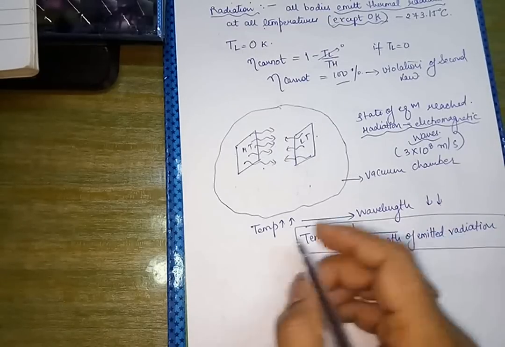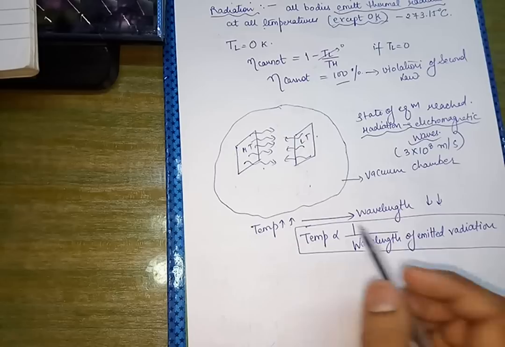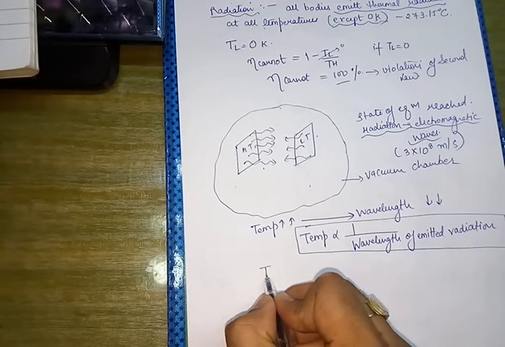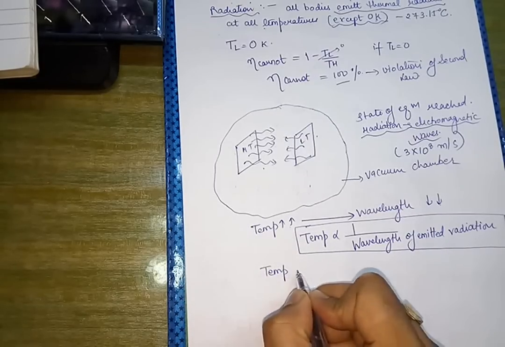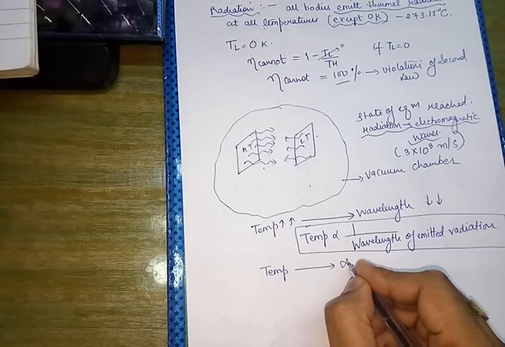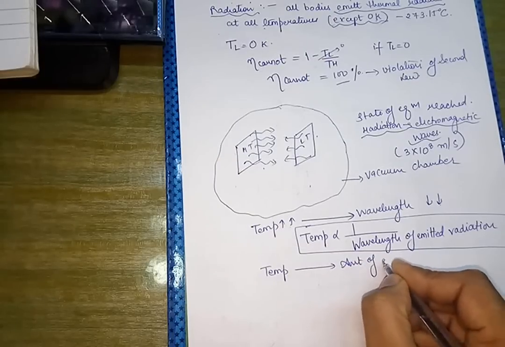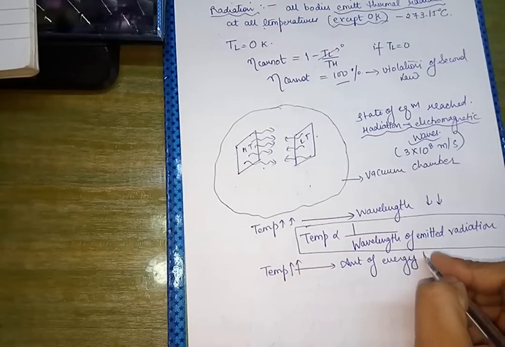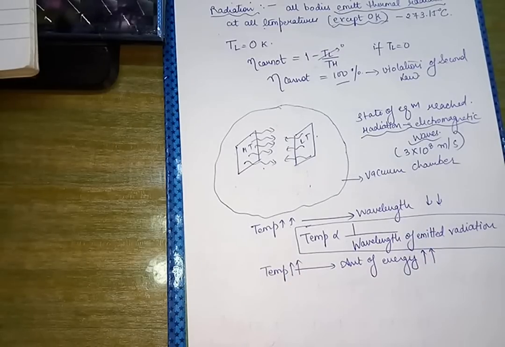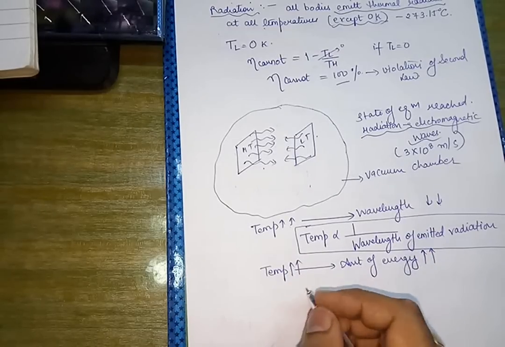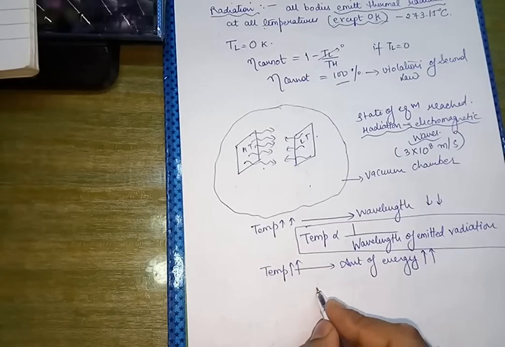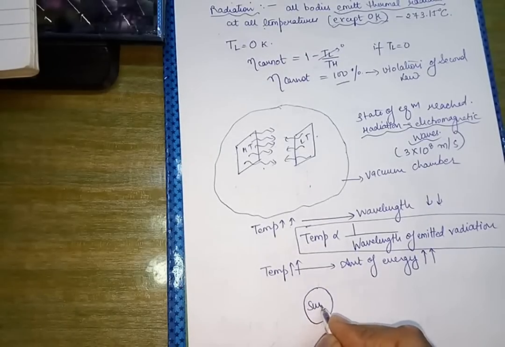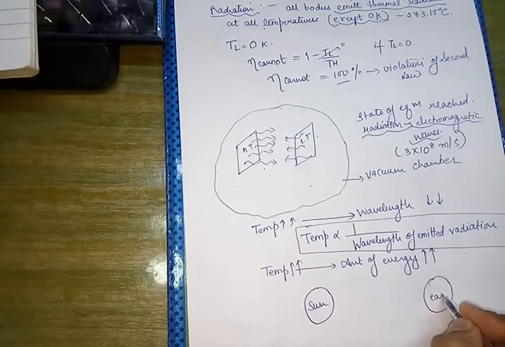And the temperature of the body is directly proportional to the amount of energy emitted. One more relation: temperature is directly related to the amount of energy. As the temperature is more, the amount of energy radiated will be more. And one more thing, for example, we have the sun and the earth.